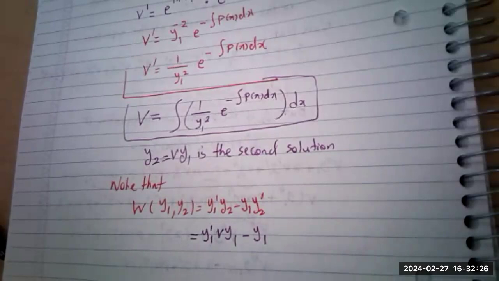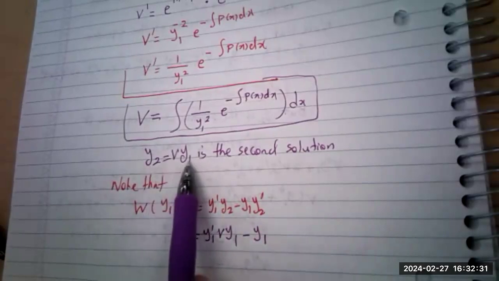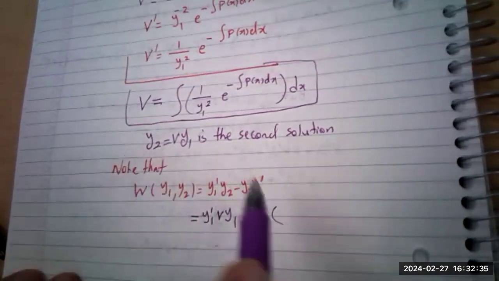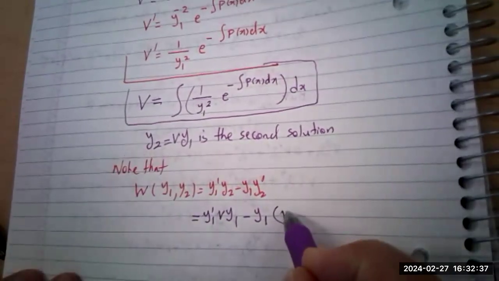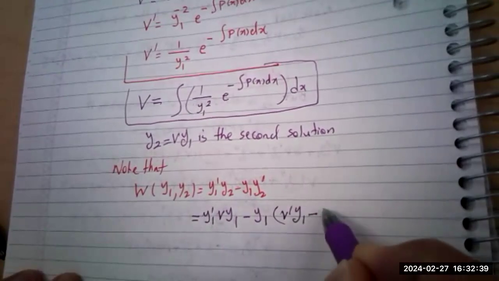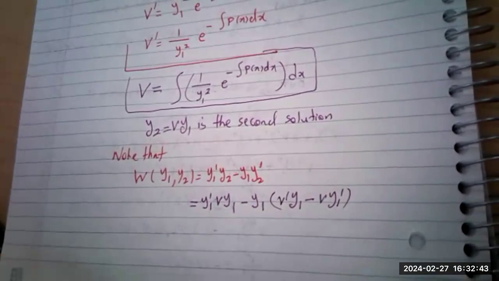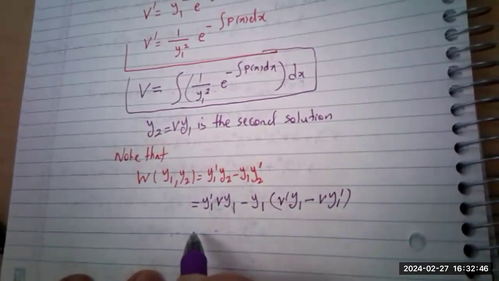If you go back and check the derivative of y2 prime, we can get it from here. Remember it was a product: derivative of the first times second, plus second times derivative of the first. If you put them together, they would nicely simplify.